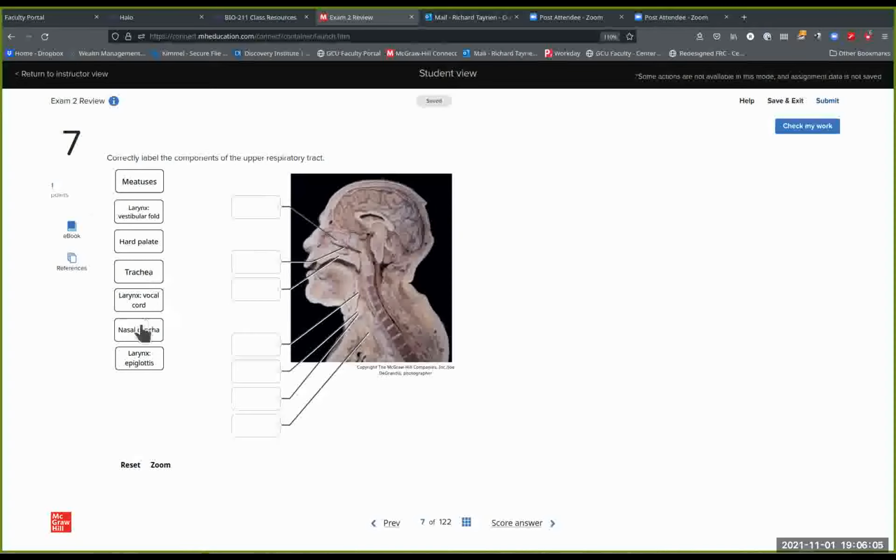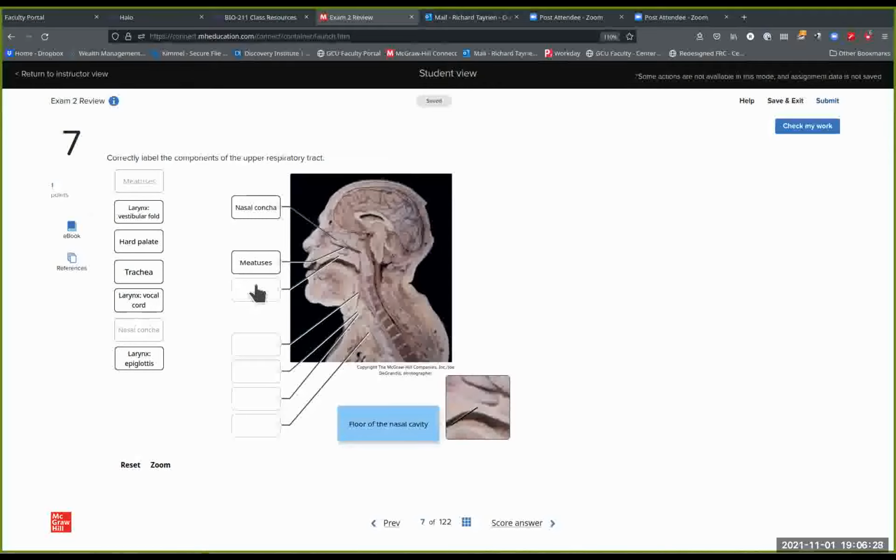Yeah, there you go. And then what's next? The hard palate. Oh, all right, never mind. No, that's the meatus. So see, they're showing underneath there. You can't actually see the meatus because they're always under the concha. Gotcha. And then you already called this out. Hard palate.